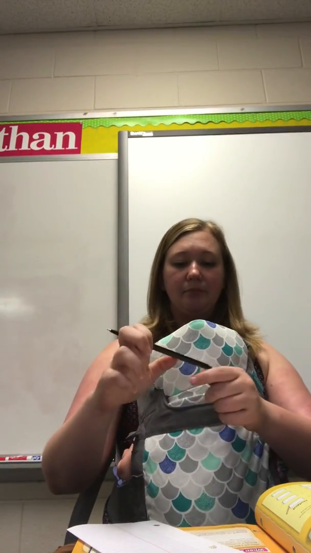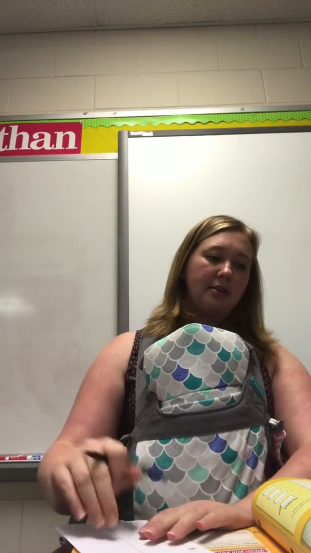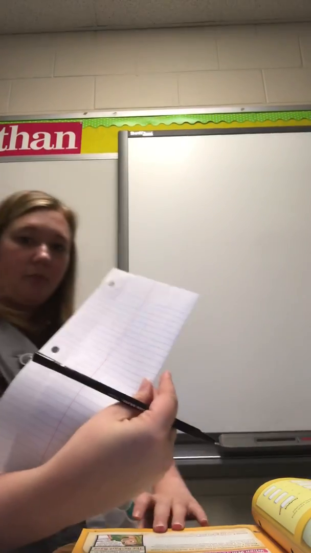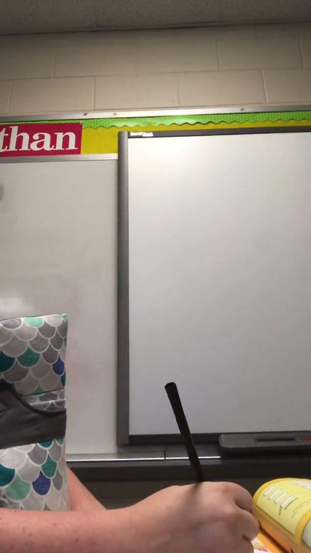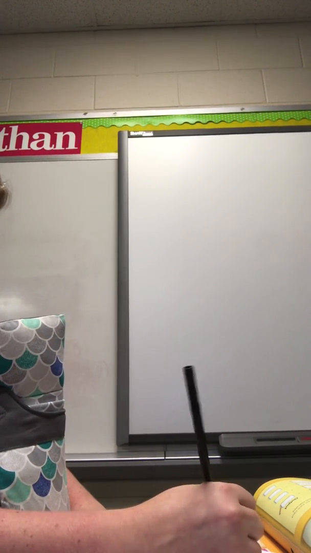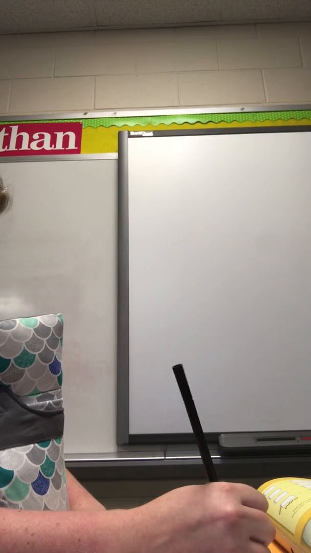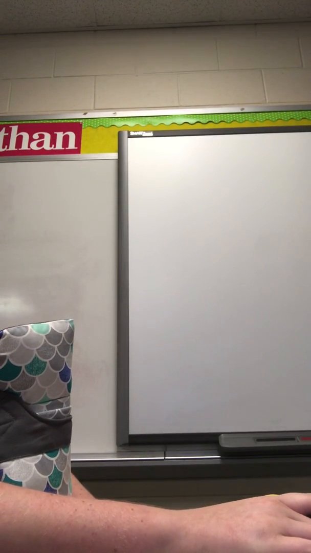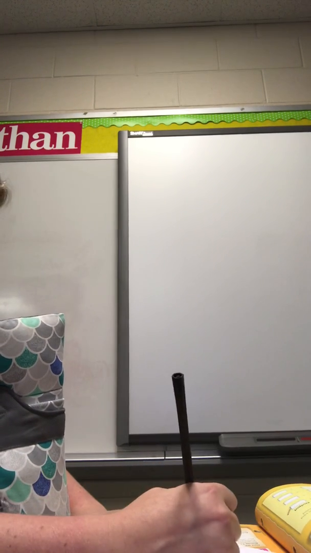Sorry about that. So the first word is complex fraction. So on my paper, okay, skip a line, write a word. Then I'm going to skip 2 lines and write the next word, which is direct variation.